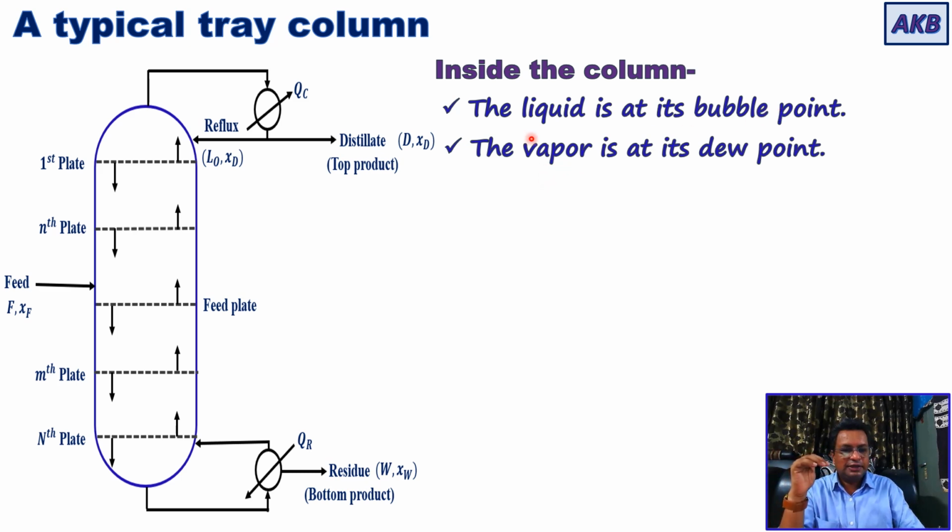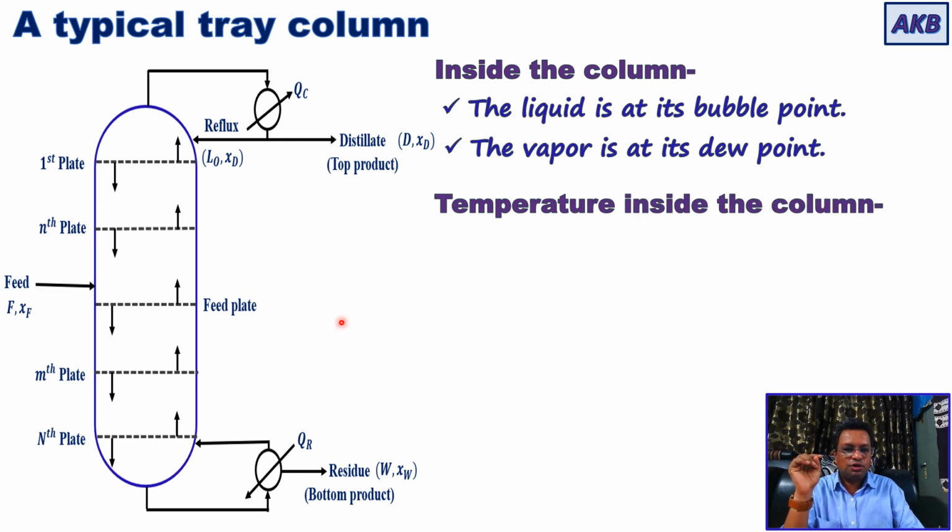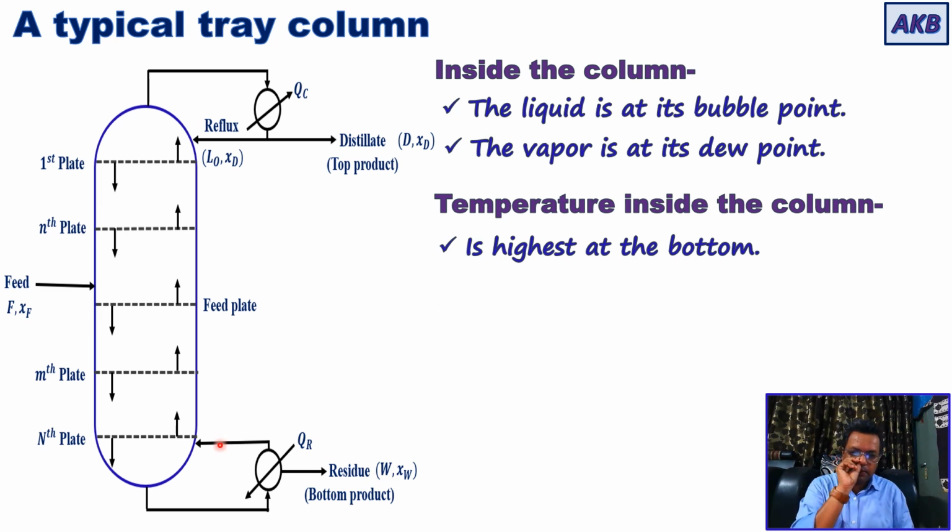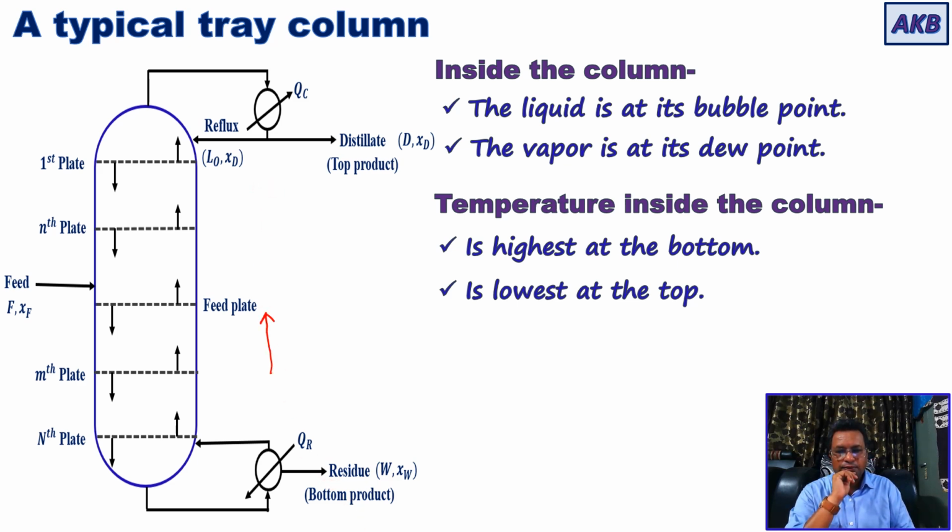Okay. So if you have to talk about temperature inside the column, then temperature is highest at the bottom and it is lowest at the top. So as you move from bottom to top, what happens to temperature?